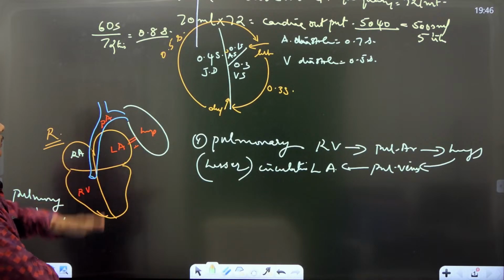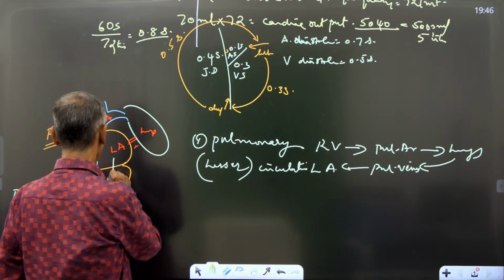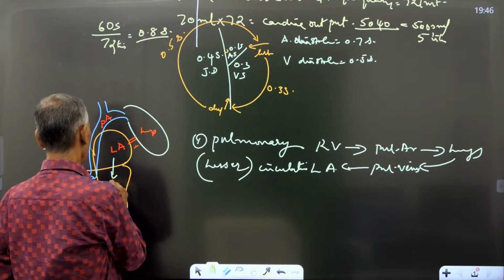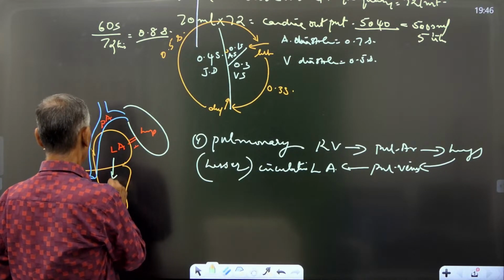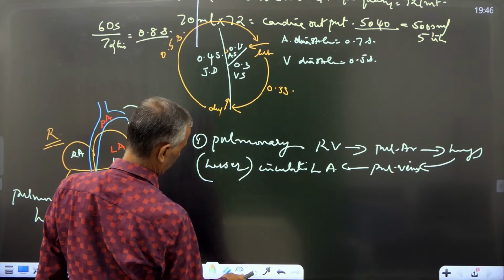Now, that oxygenated blood from left atria is entering into the left ventricle.